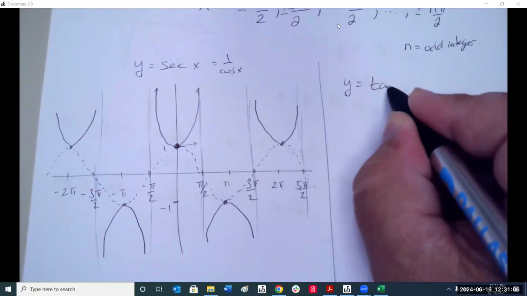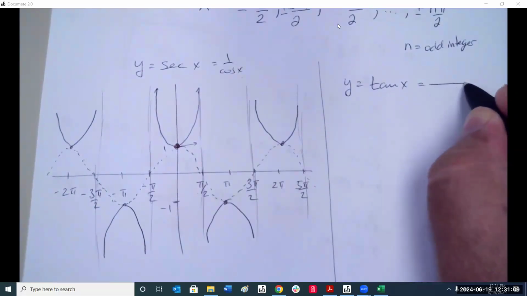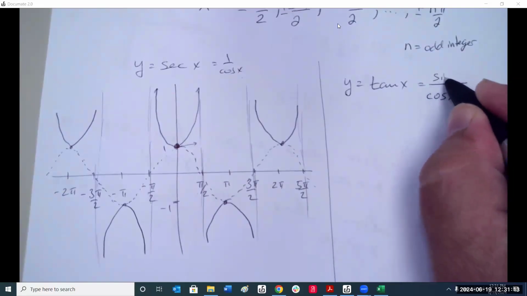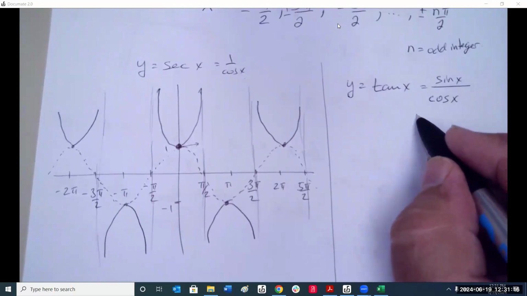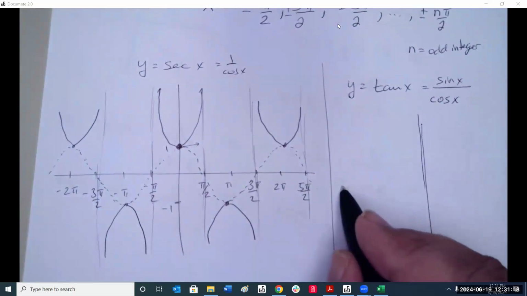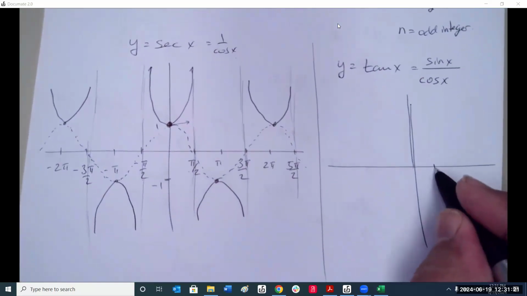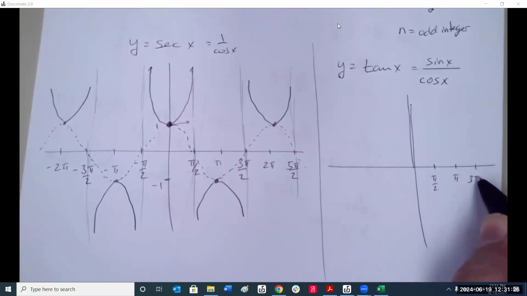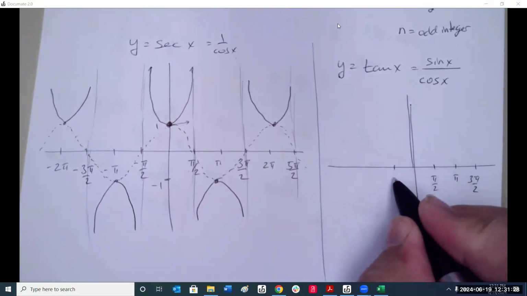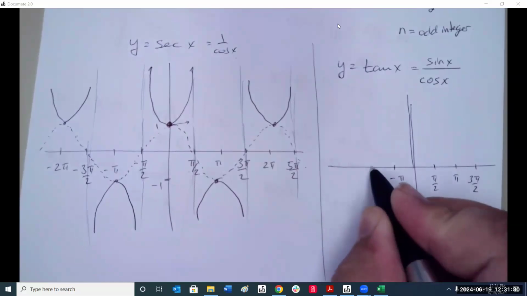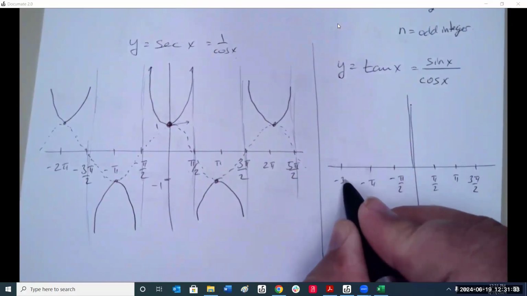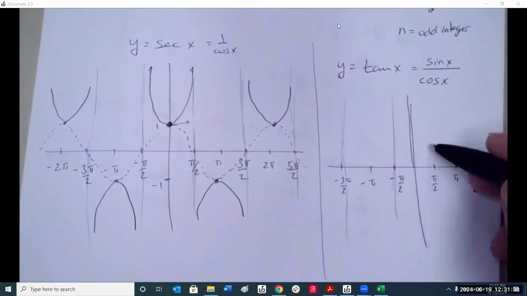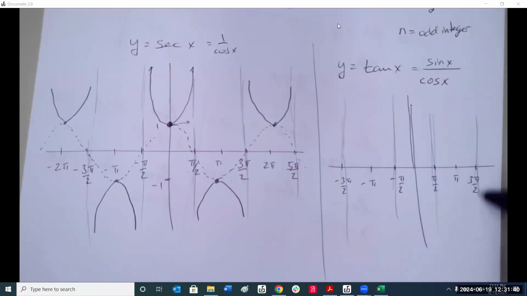The tangent function, again, has the same vertical asymptotes, so it has vertical asymptotes at all the pi over 2's.